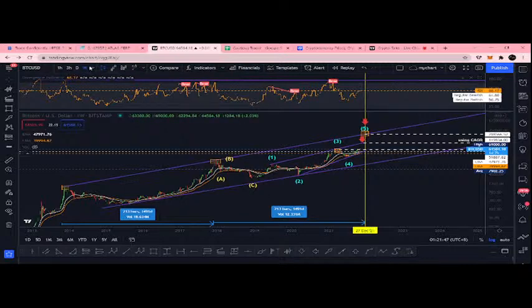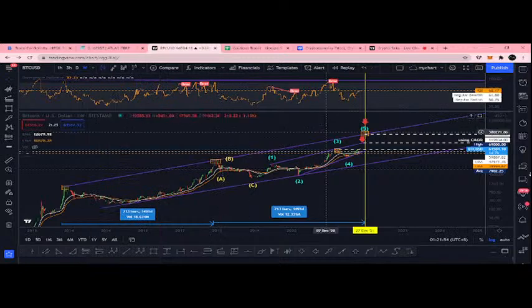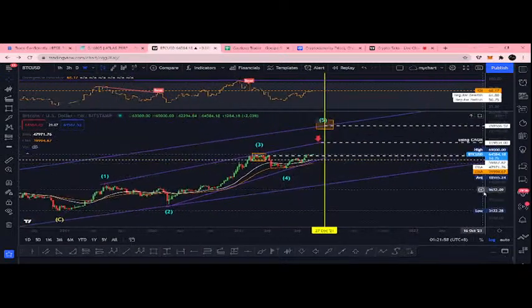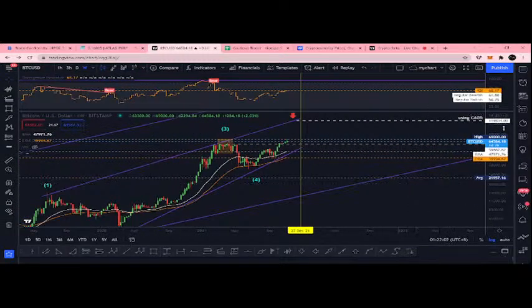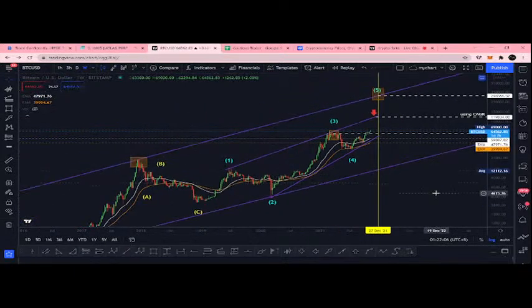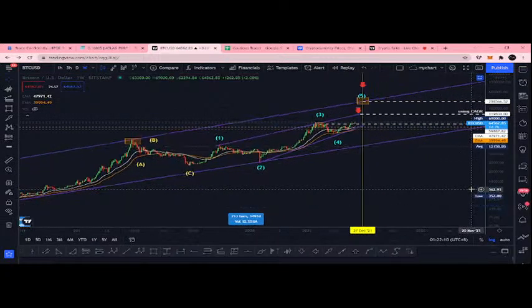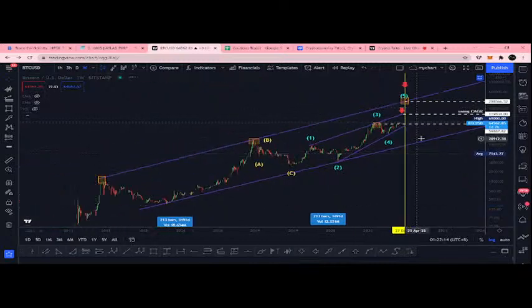So I think, yeah, RSI is already at 68. But if you look at the monthly, it will be more or less above 90 RSI. So we could still move up from here. I think I have already emphasized it even at the beginning of the year.